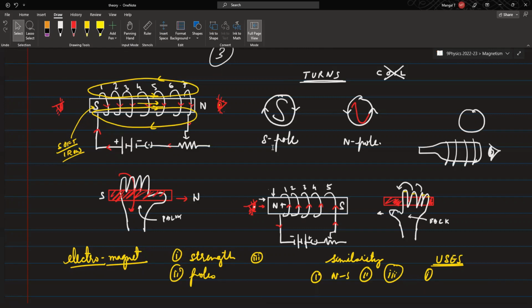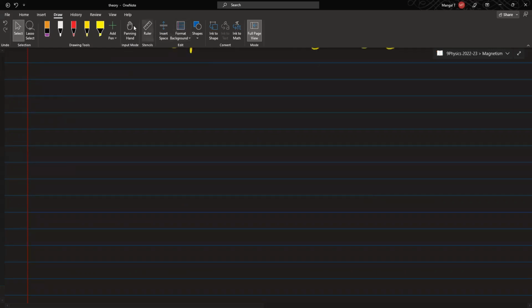Okay, one final thing I would do is to identify the poles. Something I'll just show you quickly by drawing.